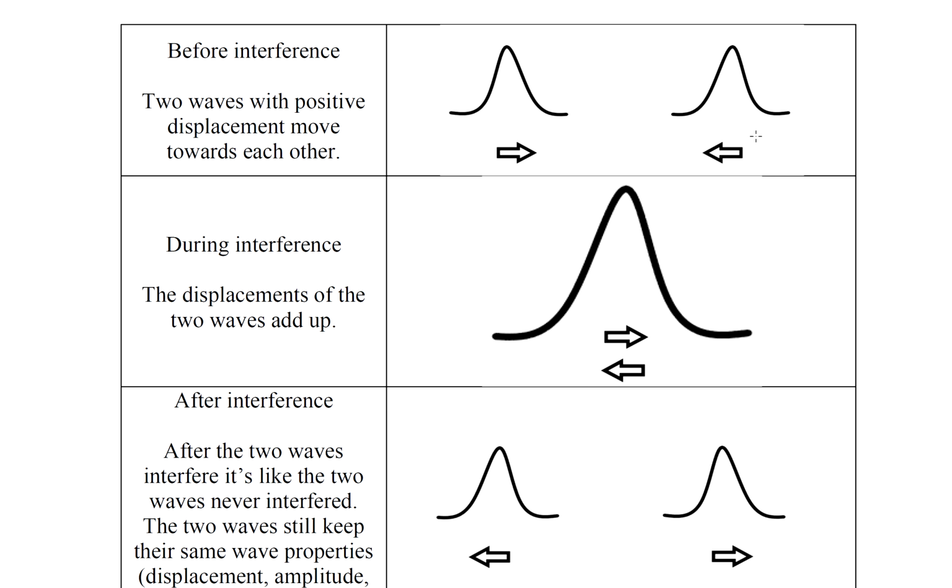And on the top image there's a wave going to the left, and on the bottom image there's the same wave going to the left. After the 2 waves interfered with each other, once they passed each other, it's like they had their original properties.